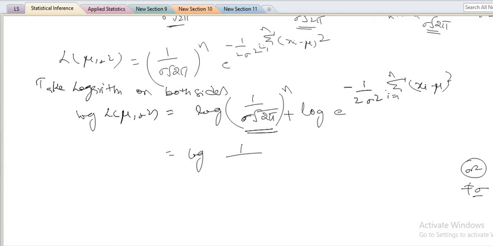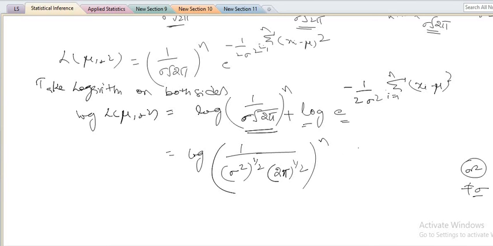So write sigma also in terms of sigma square. That means (sigma square) whole power 1 by 2. Whole power 1 by 2 means root. Both are the same, but we are expressing sigma in terms of sigma square just for mathematical convenience. This one also, (2 pi) whole power 1 by 2, whole power n.